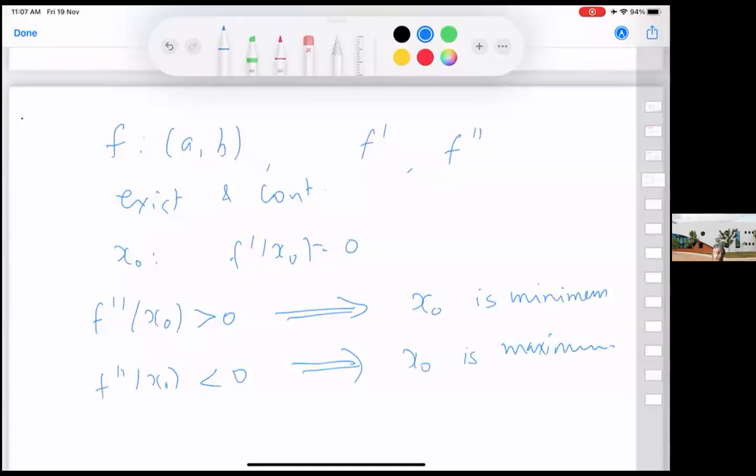If the second derivative is negative, it is a maximum. Just like our tests of convergence of a series, in two cases we could argue yes or no, and one was undecided. So f double dash of x0 also being 0 tells you this is undecided.